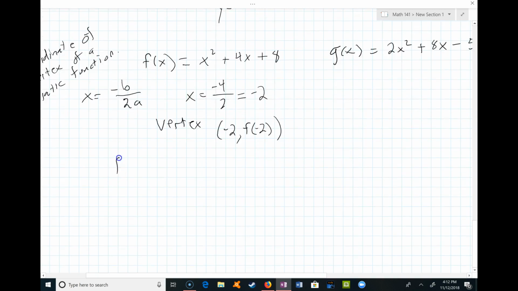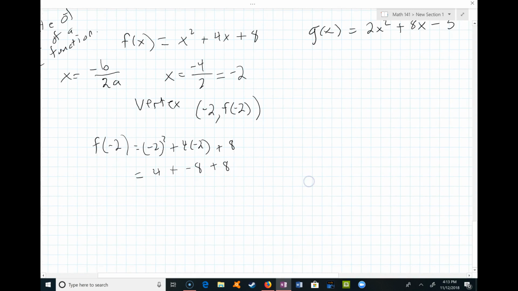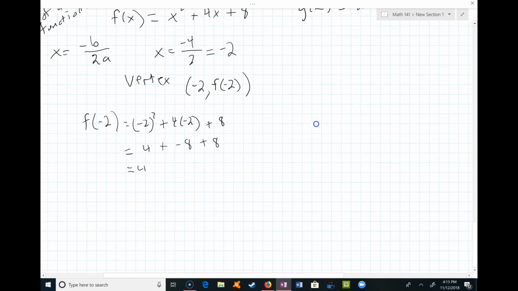Of course, f evaluated at negative 2 is negative 2 squared plus 4 times negative 2 plus 8. And that would be what? 4 plus negative 8 plus 8. And that would just be 4. So the vertex of this thing is located at negative 2 comma 4.